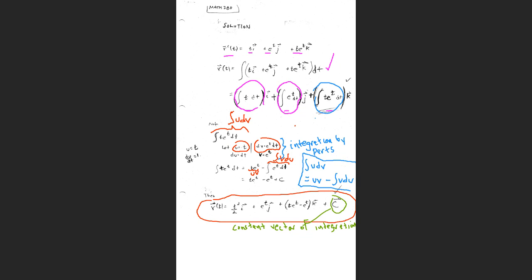So we don't get a constant of integration. That's when we integrate real valued functions. When we integrate vector functions, we get a constant vector of integration.